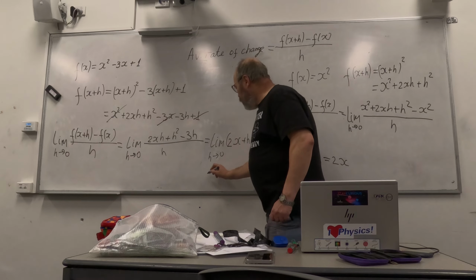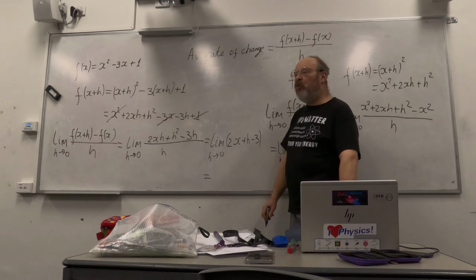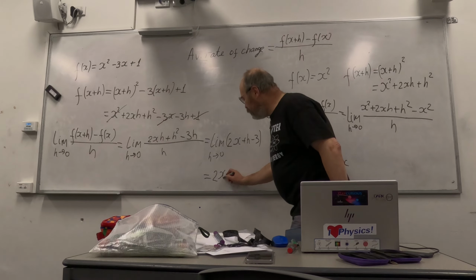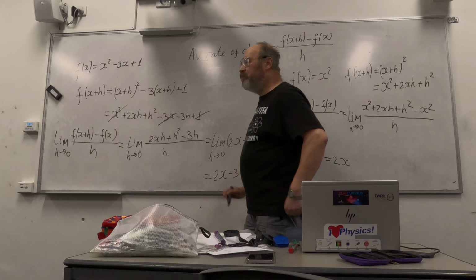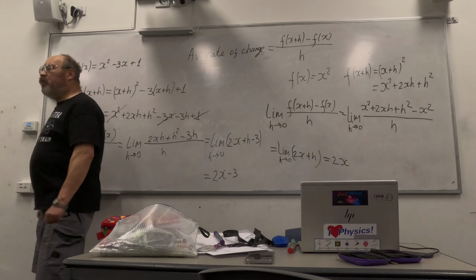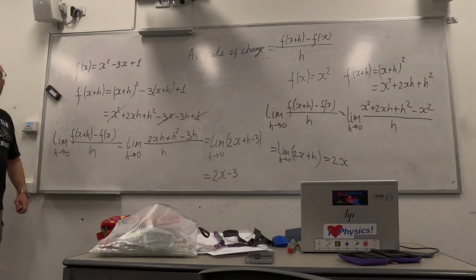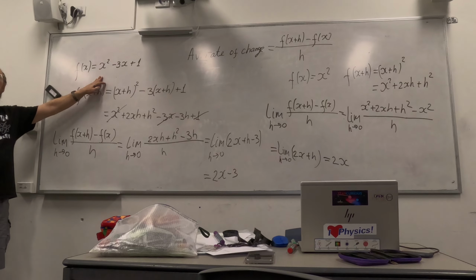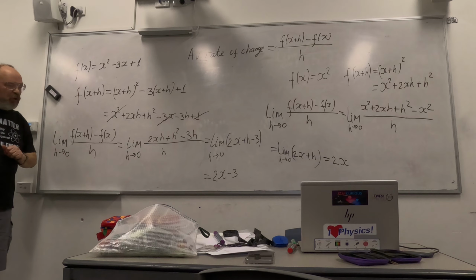So the limit: substitute h equals 0, what will we get? 2x minus 3. So we found the derivative of this function using the first principle of differentiation. So the derivative is 2x minus 3.